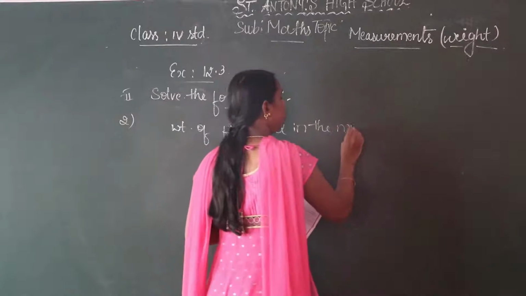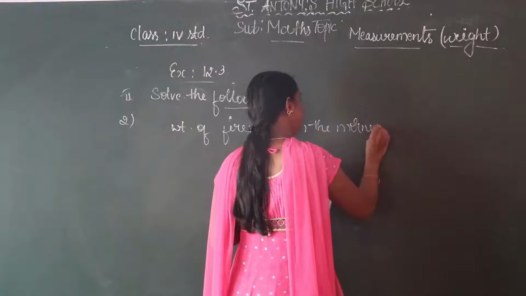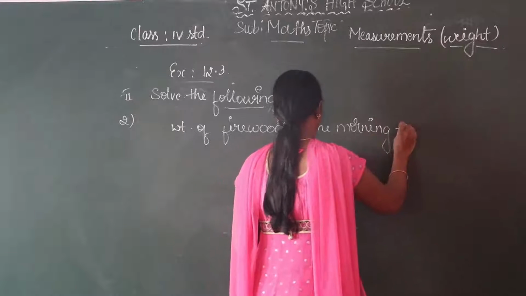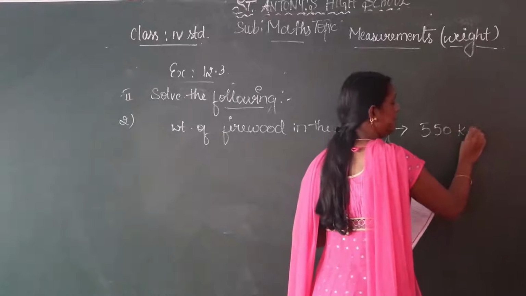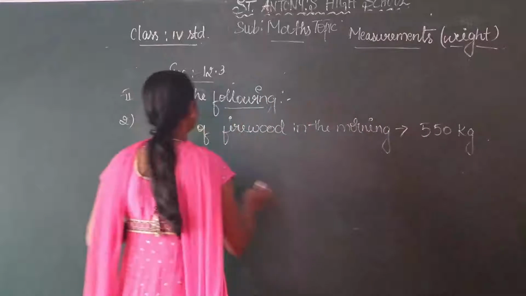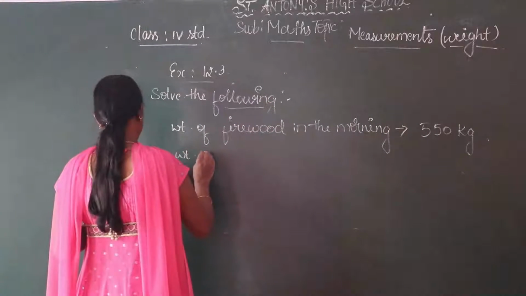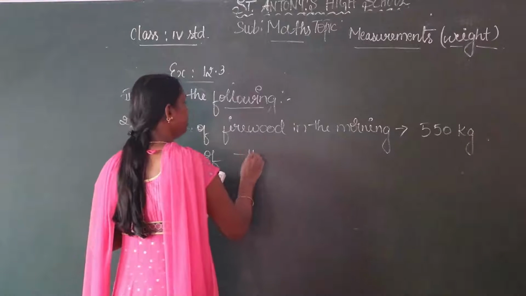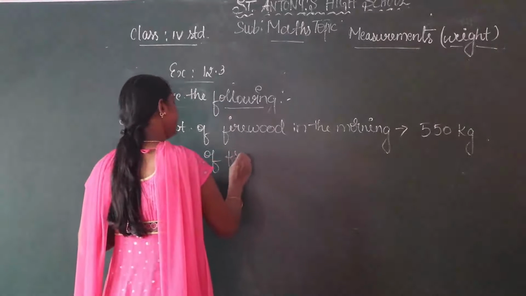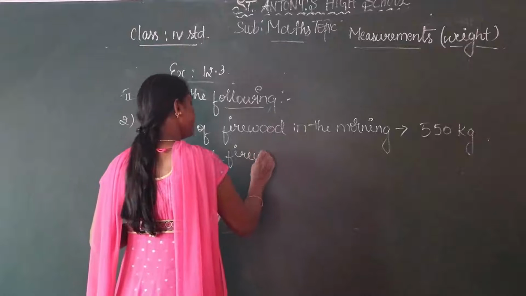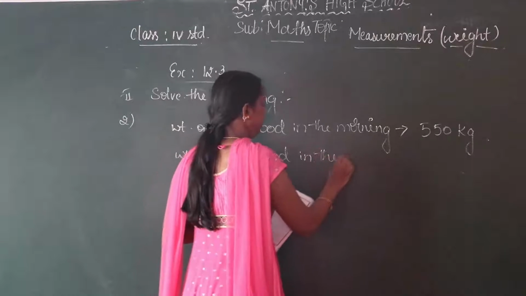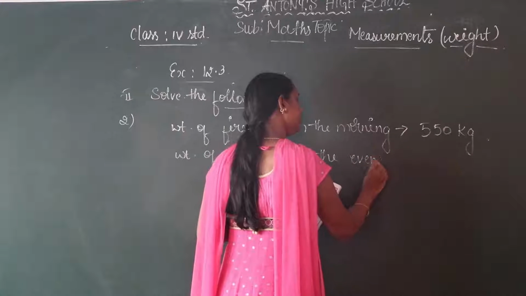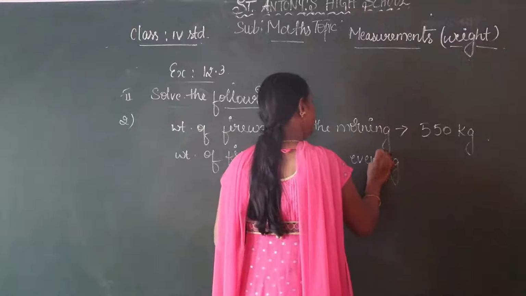In the morning, how much? It is 550 kg. Okay. So in the evening, weight of firewood in the evening, how much?